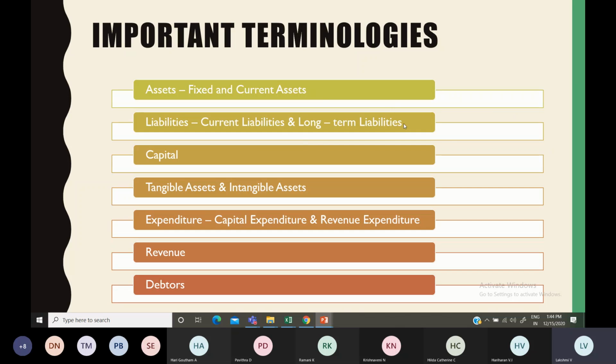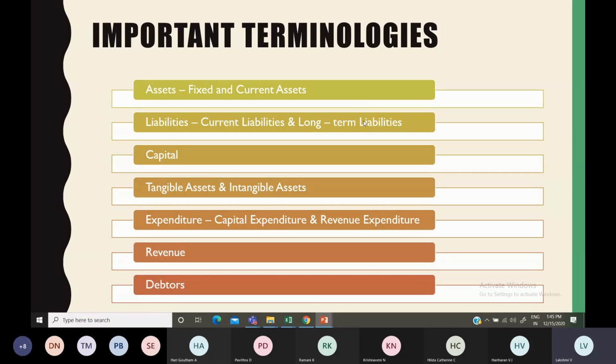So what is meant by debenture? If I want to raise funds and I am not capable enough to contribute capital, then as a company I will issue shares to the public. Similarly, debentures are also an instrument issued to the public, from which we can raise funds.